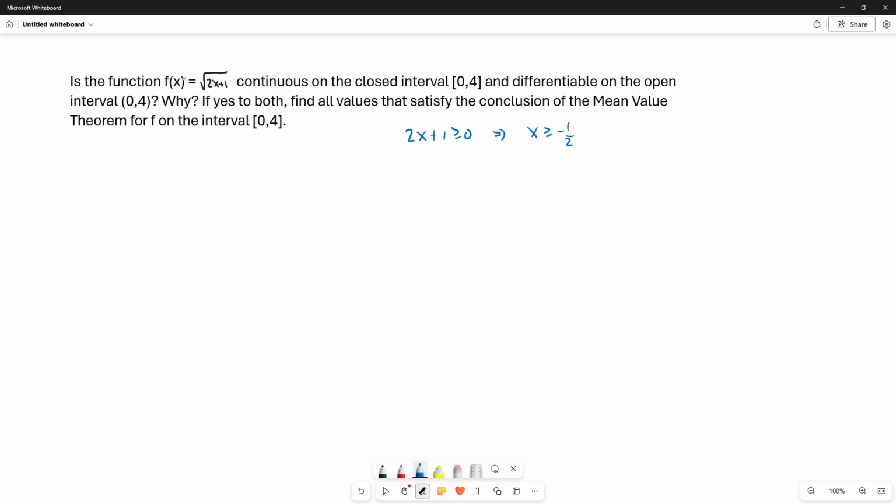So our polynomial 2x plus 1 is continuous everywhere, and the square root of it is continuous if x is bigger than or equal to negative 1/2. So f of x is continuous on the interval negative 1/2 to infinity, and so it is continuous on the subinterval from 0 to 4.